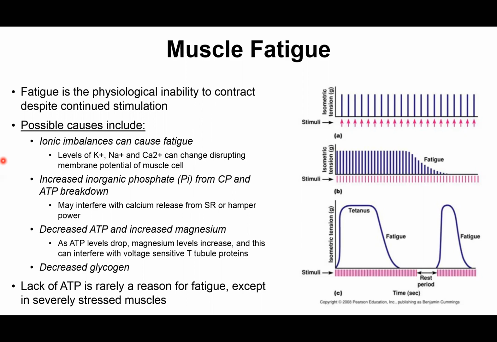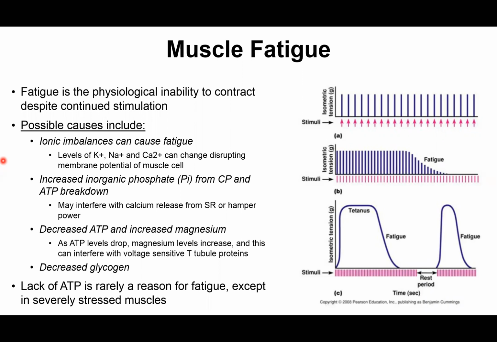Another cause would be increased direct phosphorylation, so an increased amount of inorganic phosphate from creatine phosphate and ATP breakdown. This might interfere with the calcium release from the sarcoplasmic reticulum, or it could hamper the power. Another reason you can get muscle fatigue is if you have a decreased amount of ATP.